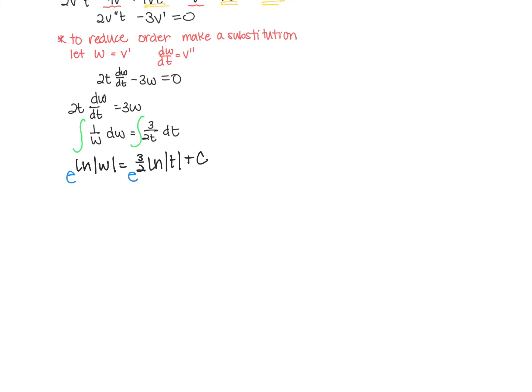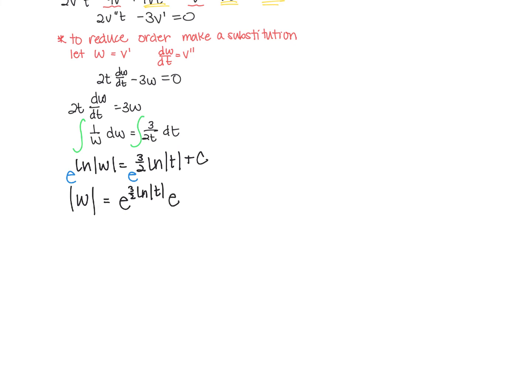Here's why. On the left-hand side, we get the absolute value of w. On the right-hand side, we would get e to the 3/2 natural log of the absolute value of t plus c.